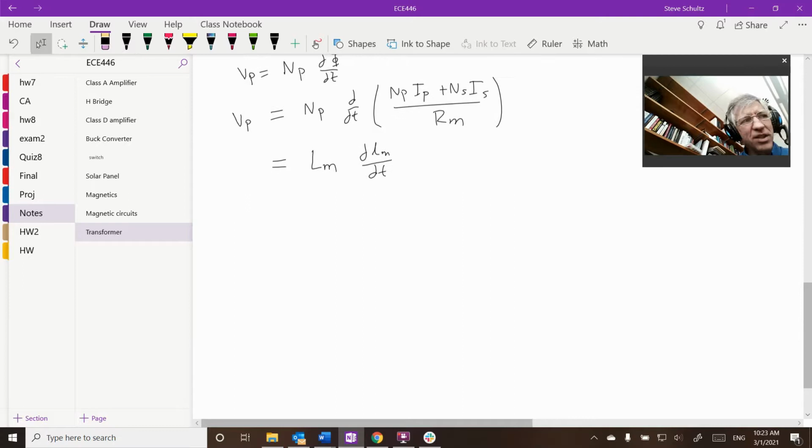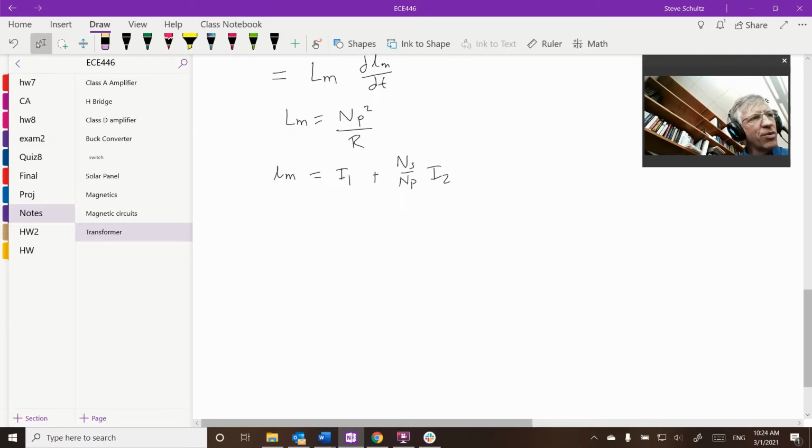What we see when we do all of this is that my Lm is going to be equal to Np squared divided by my reluctance, and my magnetizing current is equal to I1 plus N secondary over N primary times my I2.